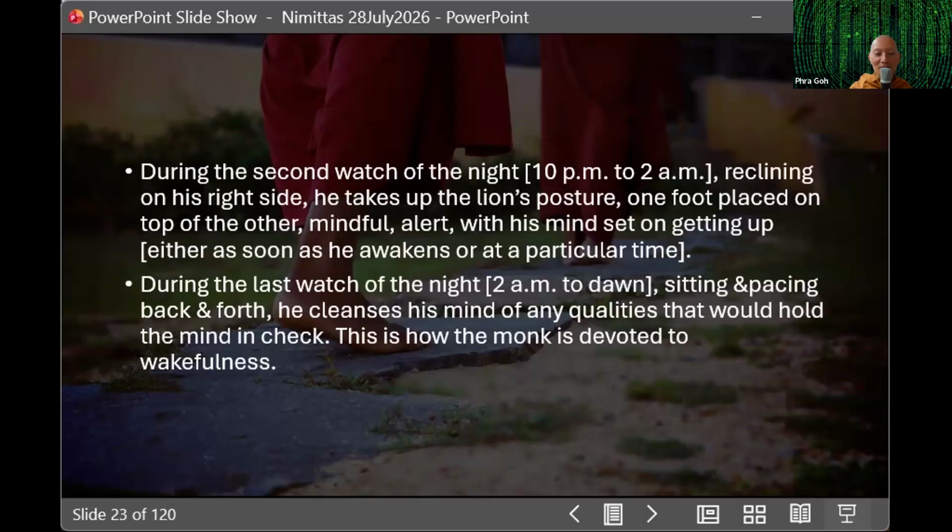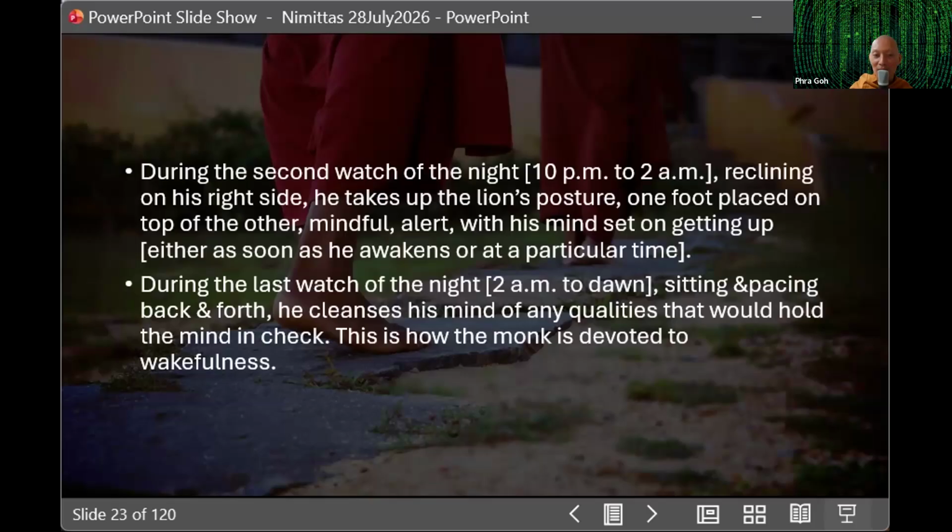During the last watch of the night, 2 a.m. to dawn, that means sunrise, sitting and pacing back and forth, he cleanses his mind of any qualities that would hold the mind in check. This is how the monk is devoted to wakefulness. Because of this interpretation of the timing, a lot of forest monasteries start to wake up around 3 a.m. or a bit after, and they start to meditate.